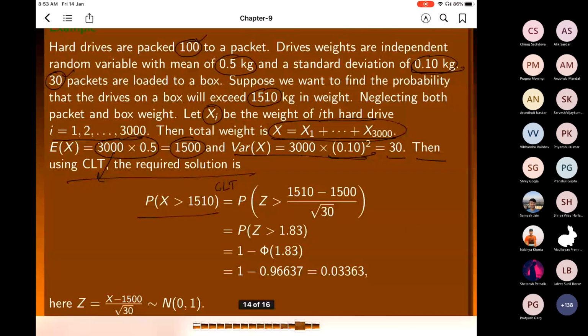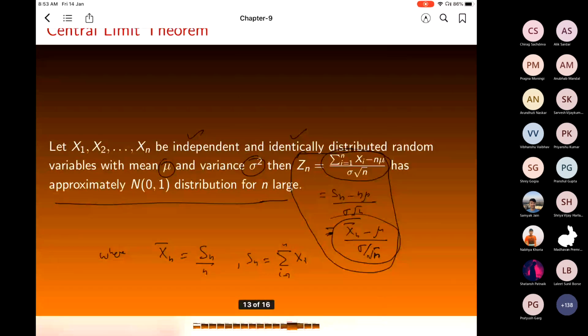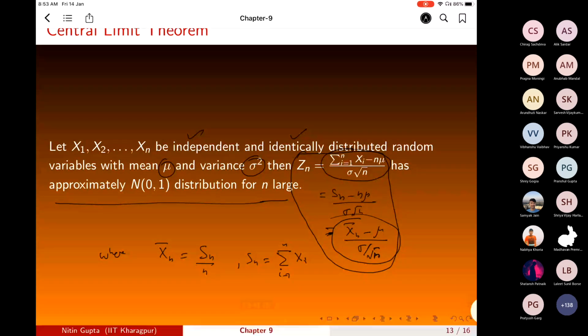So here in this case we are writing Sn minus n mu by sigma root of n.